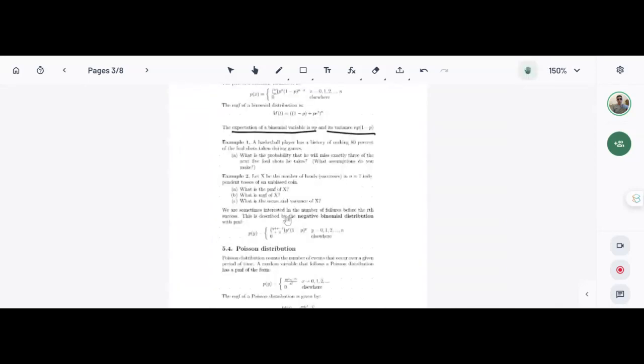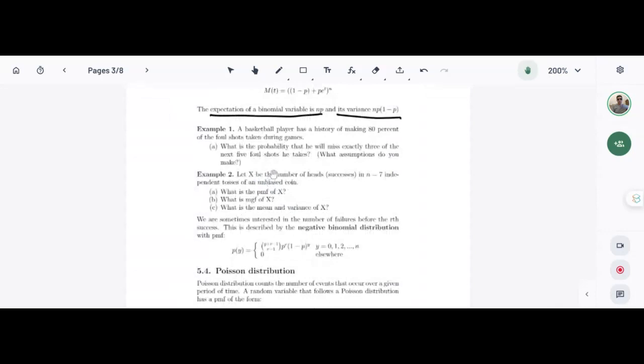We are searching for the probability that 3 of the 5 shots will be missed. Let's define success as making the foul shot, so the probability of success is 80%. But we are interested in 3 failures out of 5 trials.